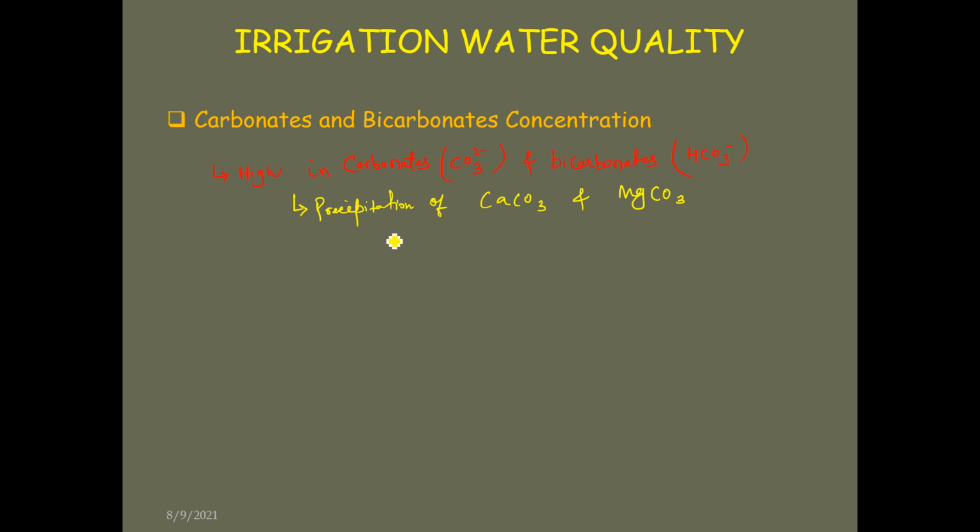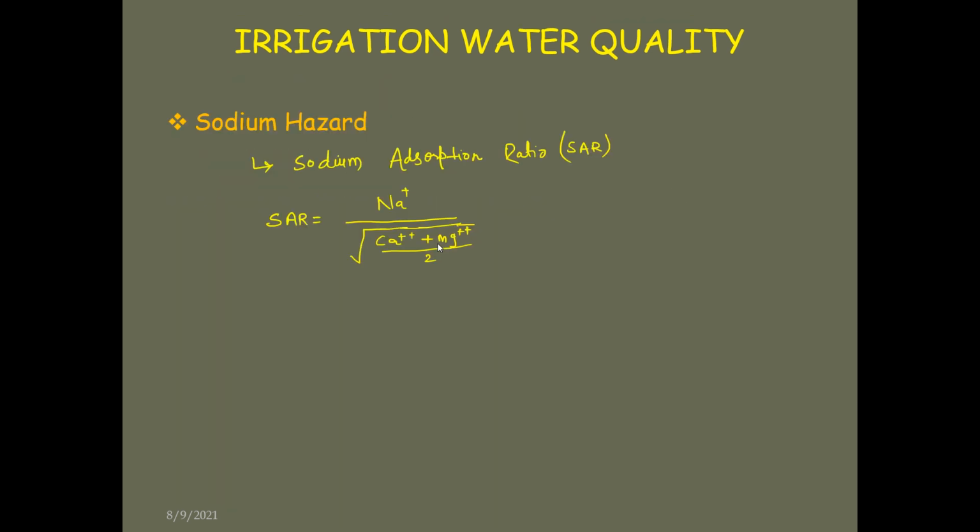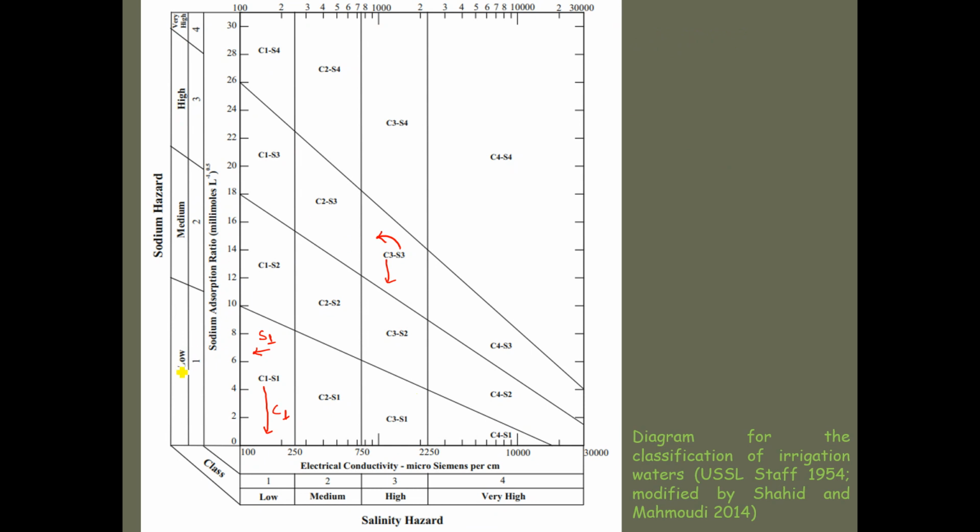It means SAR will increase. And we know that if we keep the SAR value below 10, then it is suitable as irrigation water, and if SAR increases, then as we know from this chart, it becomes a hazard, or it will start deteriorating the plants. Okay.